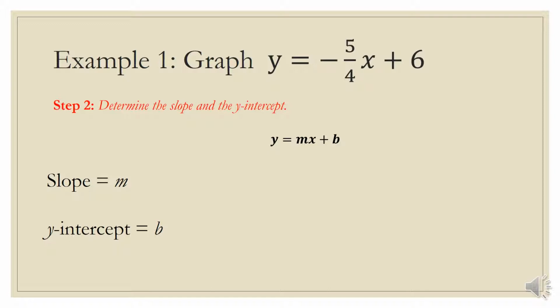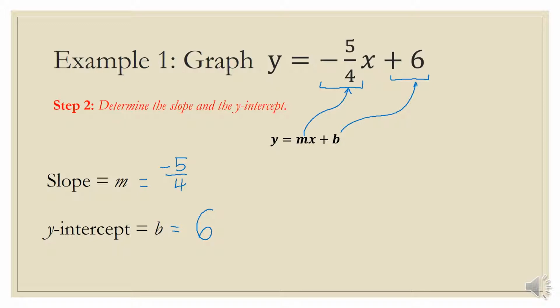If you match up your equation with the slope-intercept form, the slope is going to be the number that's in front of x, and the y-intercept is going to be the number that's by itself. So here we can see that the slope is negative 5 over 4, and the y-intercept is 6.